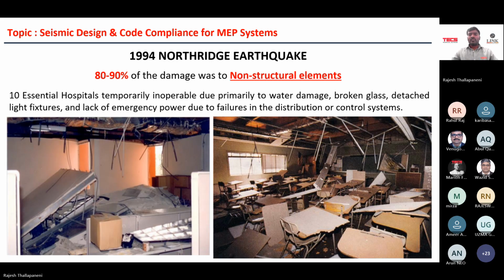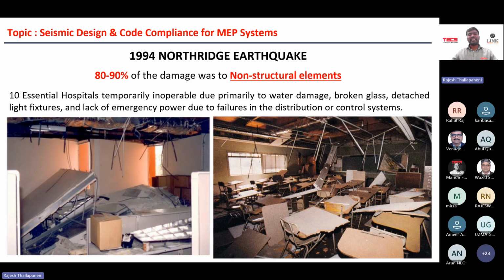What actually happened is that most of the hospitals and water pipelines were broken, the glasses were broken, the facade was broken. The pictures you see on screen are a school classroom where the entire false ceiling has collapsed. This is where the major disaster happens.